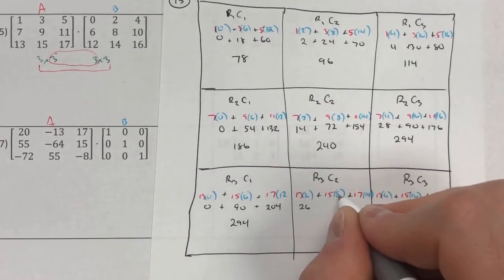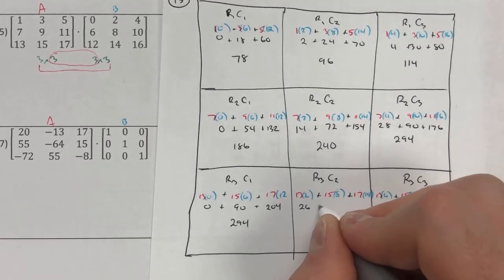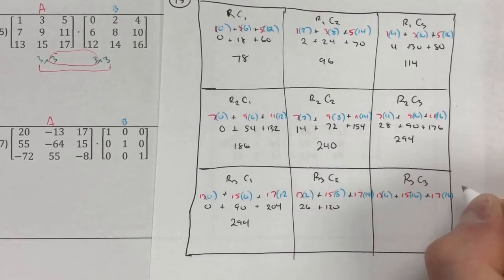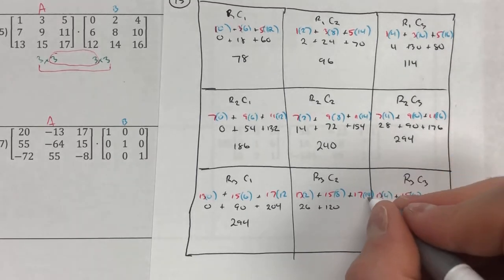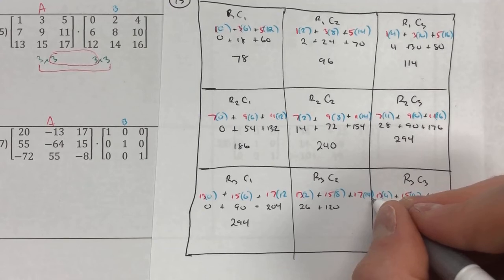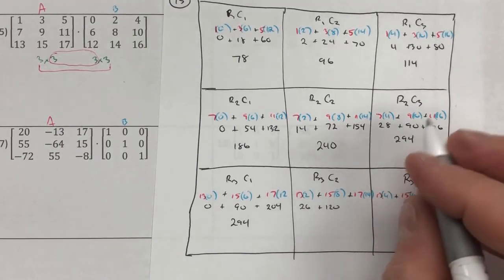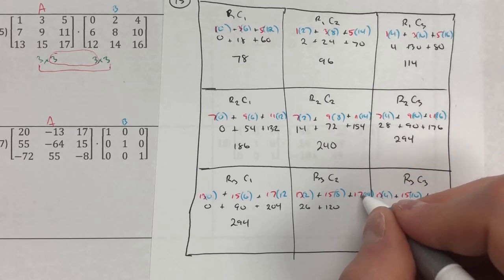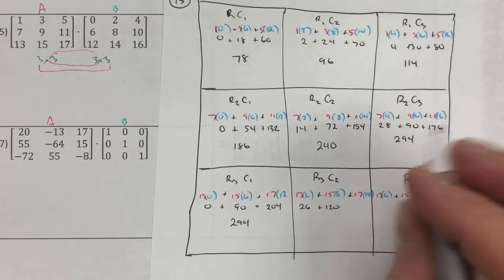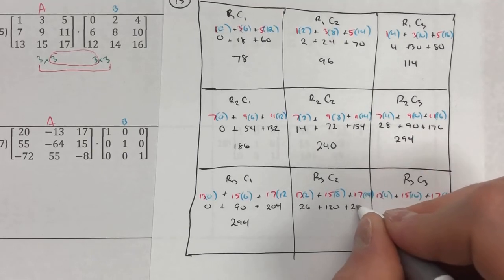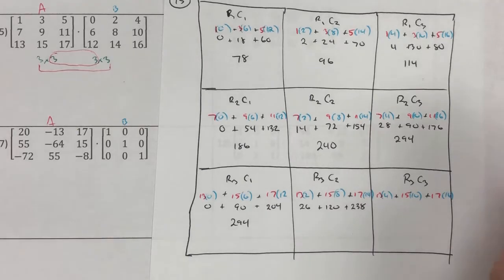26. Let's see, 10 times 8 is 80, plus 40 is 120. Let's see, 17 times 14. Okay, so this one's going to be 170 plus, let's see, that'll be 34, 68, 170 plus 68 is 238.